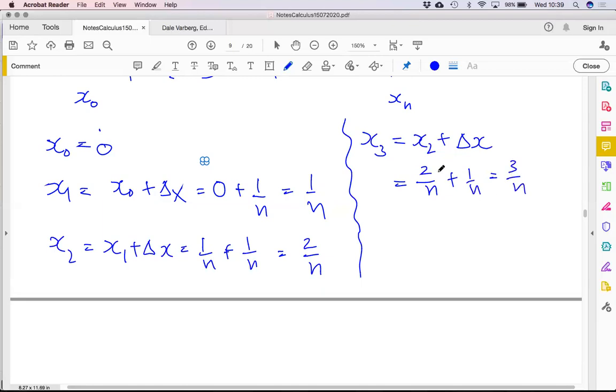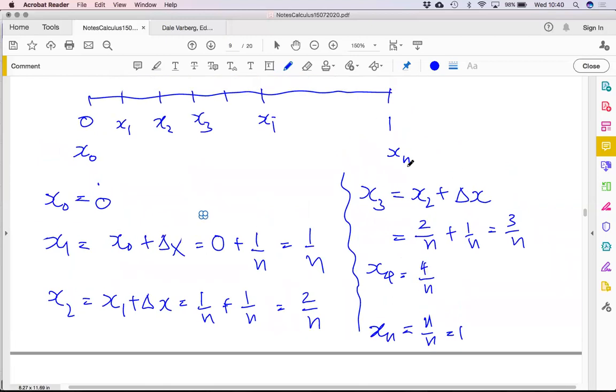So as you can see the pattern here: x1 is 1 over n, x2 is 2 over n, x3 is 3 over n, and x4, you can guess, must be 4 over n. And xn is n over n, that is 1, exactly the same as we have here.